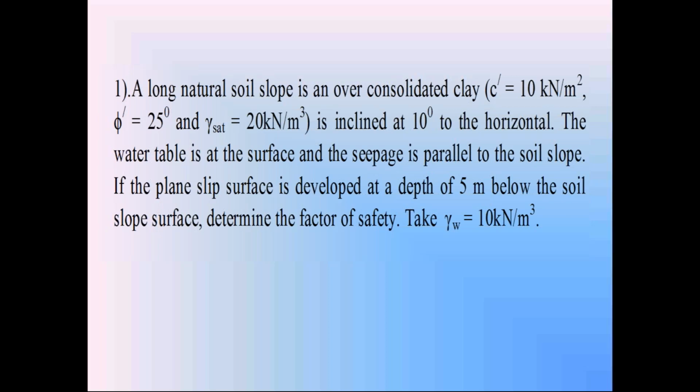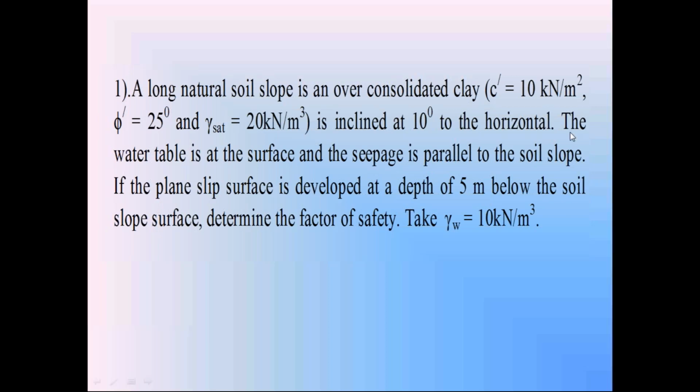A long natural soil slope is an over consolidated clay. So in the beginning of the numerical problem, it is a long natural soil slope, that is, an infinite soil slope. The soil slope in this problem is an infinite soil slope and it is clayey soil.